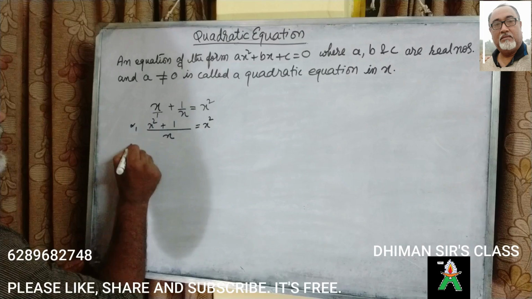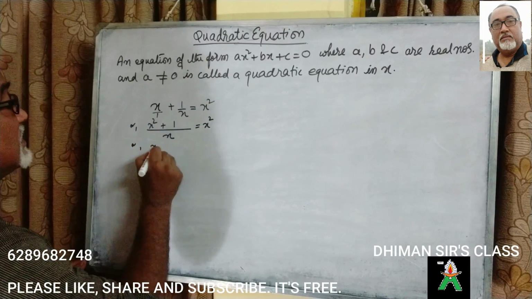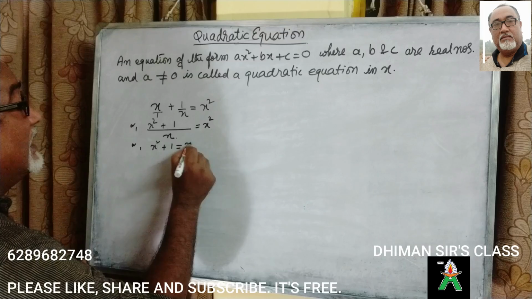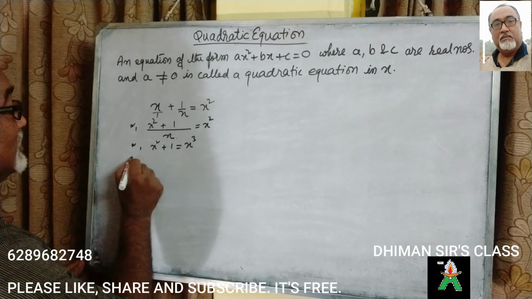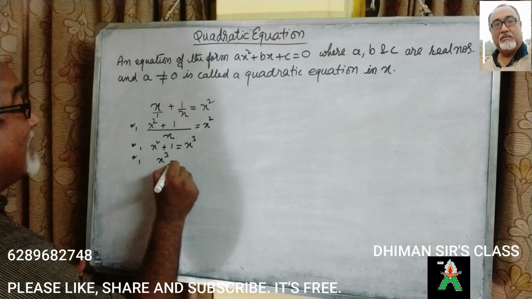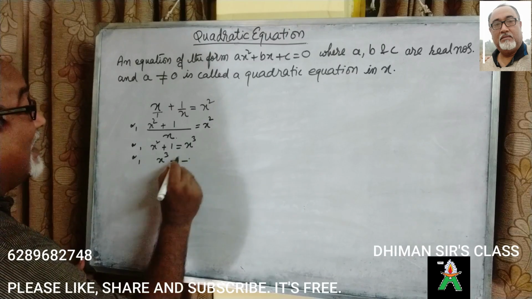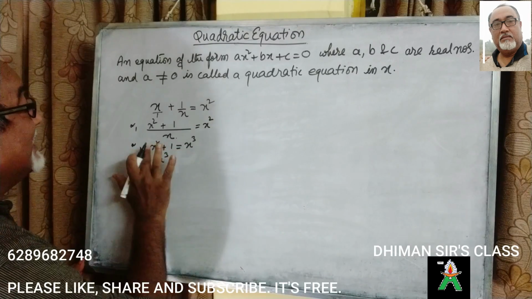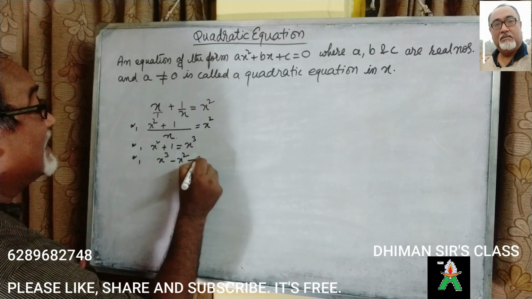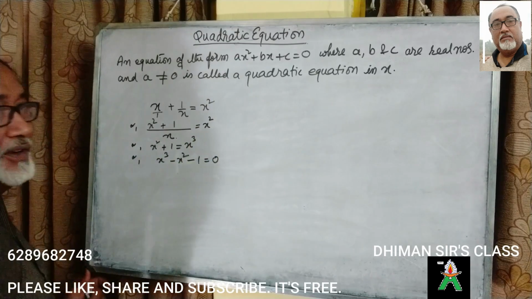Okay students, now x square plus 1 is equal to x square multiplied by x, it becomes x cube. So, my dear students, x cube minus 1 minus x square; this x square goes that side, minus x square, and this 1 goes that side, minus 1, equal to 0.